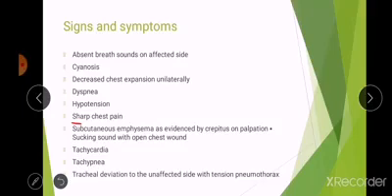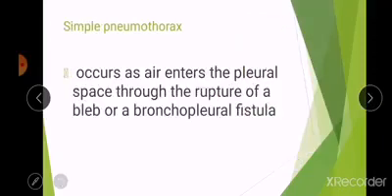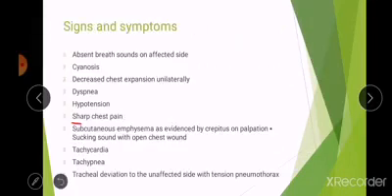And with your tracheal deviation, because of the tension on the pneumothorax, because of the pressure here, hindi lang yung lungs yung affected, pati yung mediastinum. Since sabi ko kanina, naka-aligned yung mediastinum into the trachea, paano mo malalaman na merong mediastinal shift?